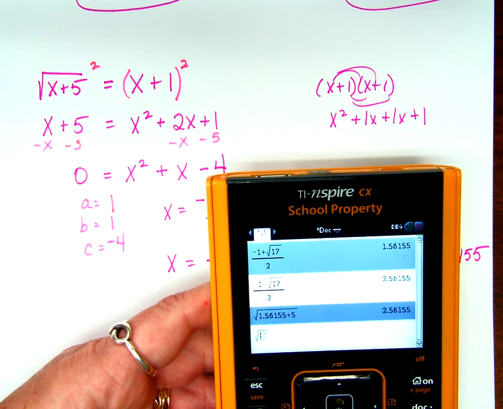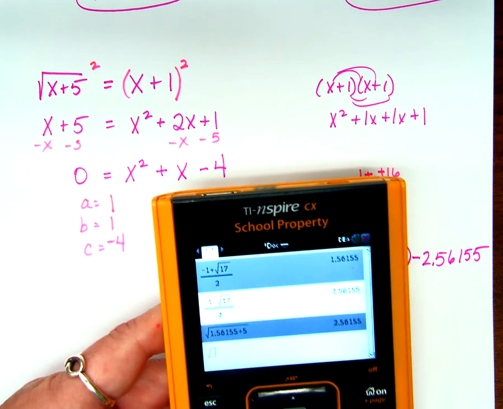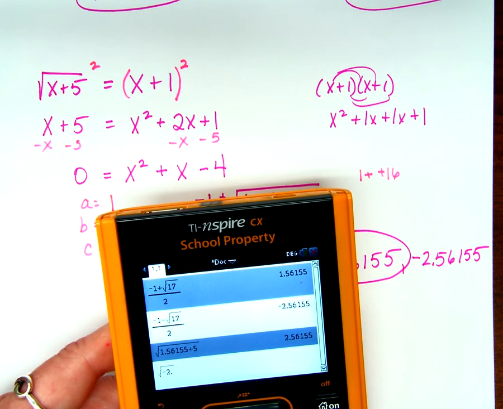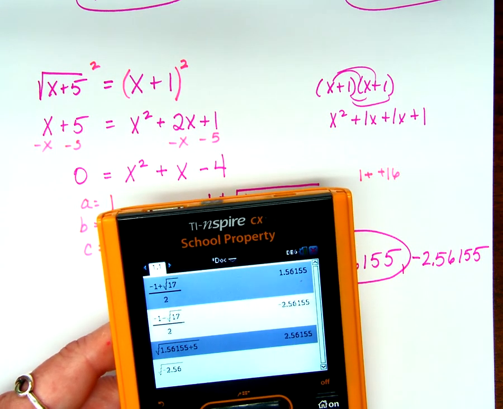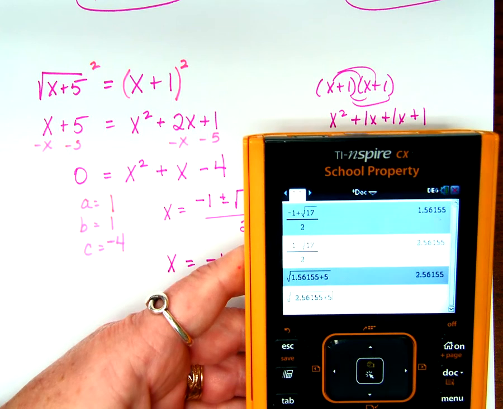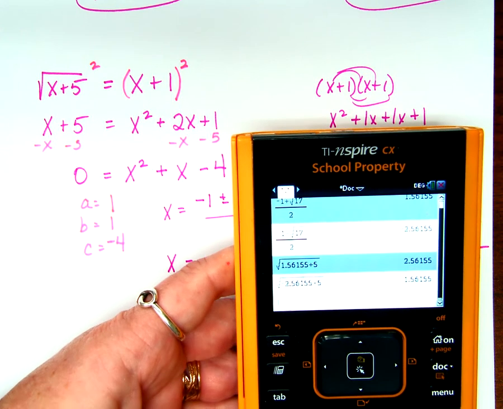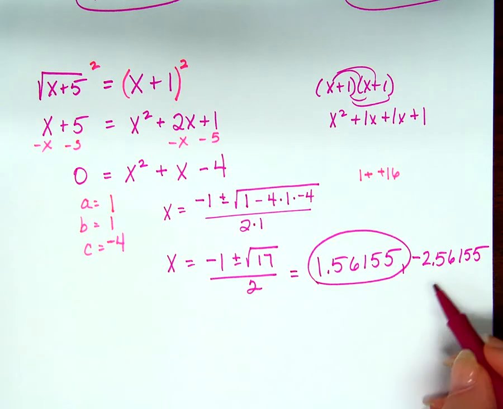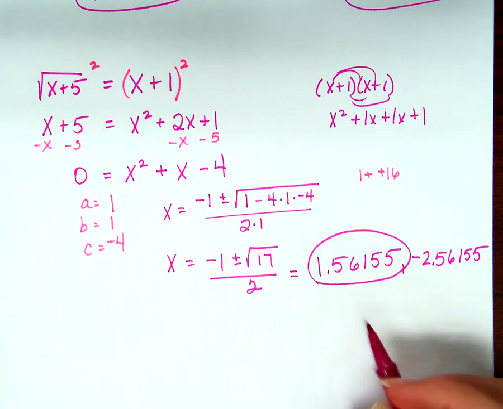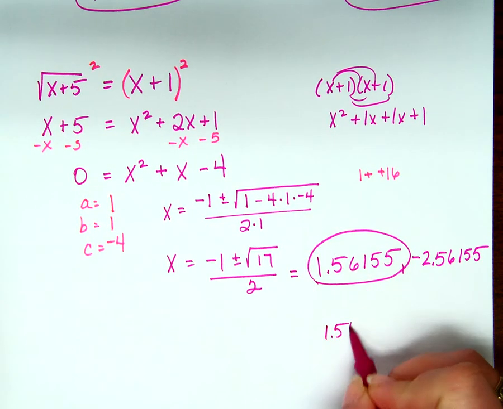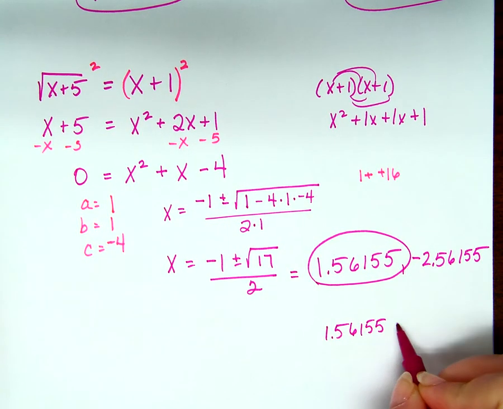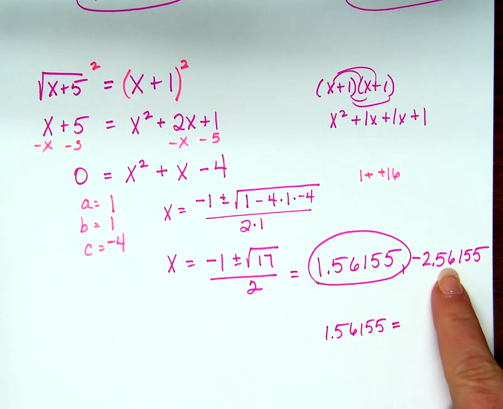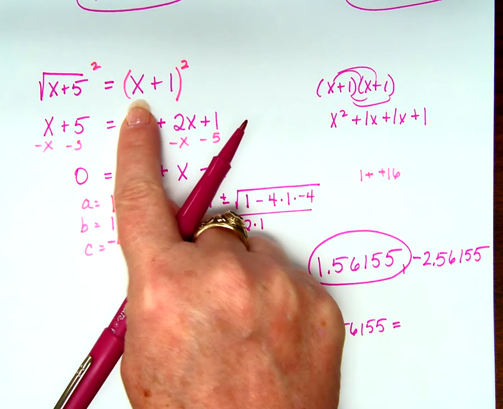Now I need to plug the other one in. Square root of -2.56155 plus 5. I got 1.56155. So when I plug this in on the left-hand side, I get 1.56155. And I'm trying to figure out if that's the same as x plus 1.